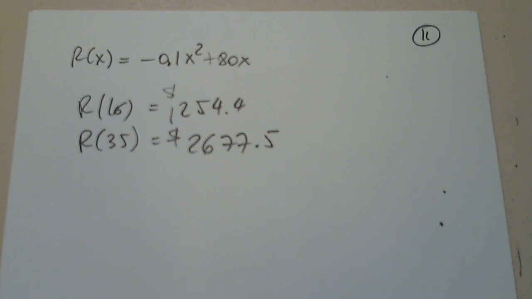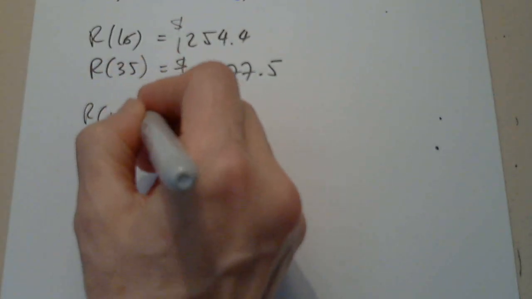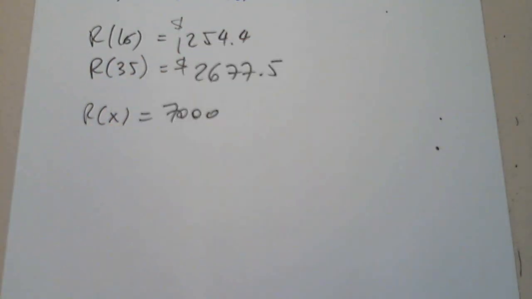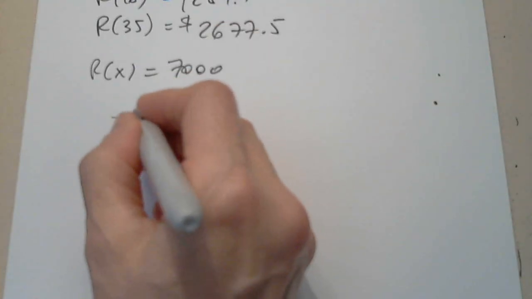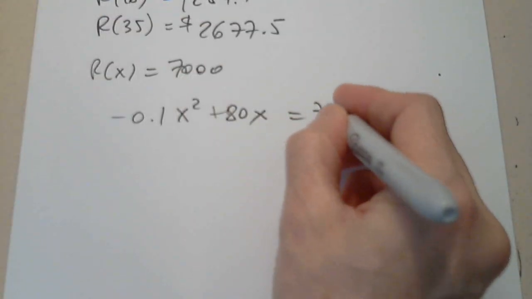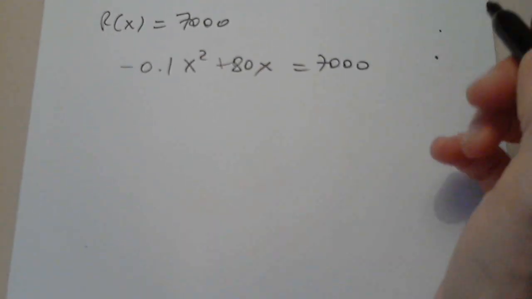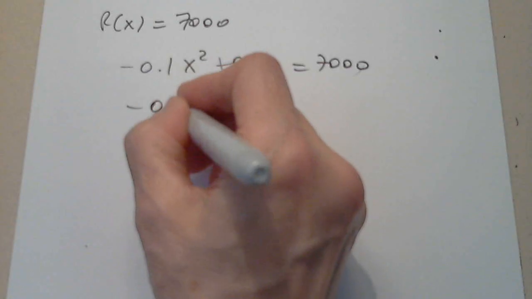Okay, now, how many pairs of sunglasses must be sold in order for the revenue to be 7,000? So I have to create this equation, negative 0.1 x squared plus 80x equals 7,000. I will move 7,000.